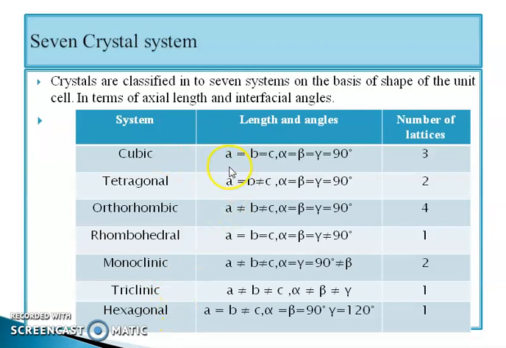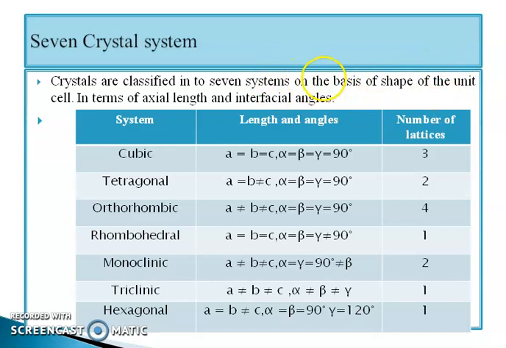Now, how do they differ? They differ in their lengths and angles. A, B, C are the vectors, alpha, beta and gamma are angles. In cubic, all the sides and all the angles are the same, and these cubic structures or crystals are of three types.